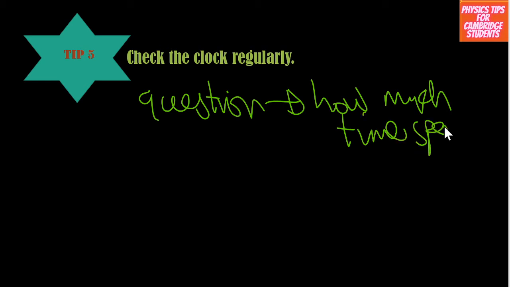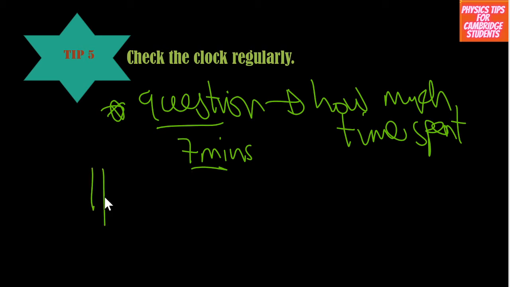And then if it's taking too long, please leave that question, because you can always come back to it later. If you start off by moving fast, do not waste time on that question. So check the clock regularly. Say question number 1, I finished it in about 7 minutes, and then question number 2, I'll finish it in the same way. You know how many questions, and you divide the time.